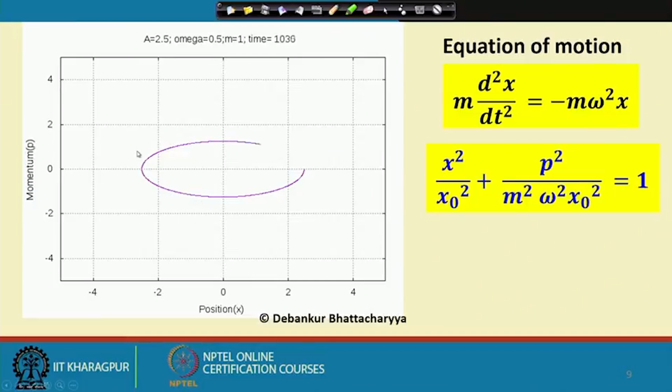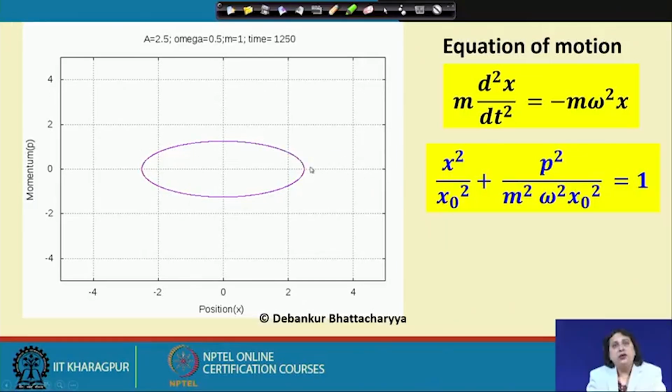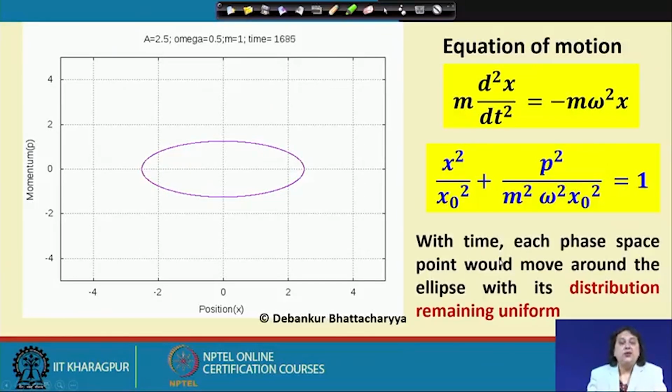As you see, the system is moving from an initial point to another point here, but it is tracing out its path along an ellipse. So, with time, each phase space point is found to move around the ellipse and its distribution remains uniform.